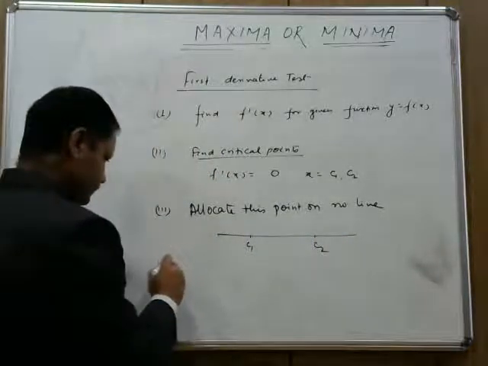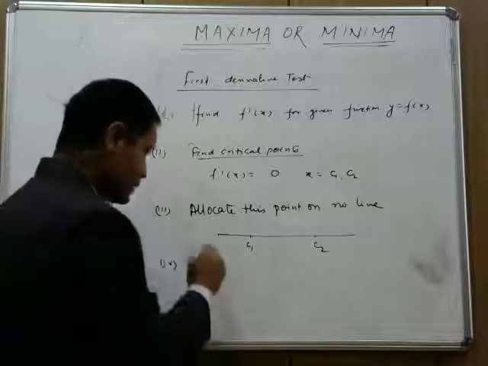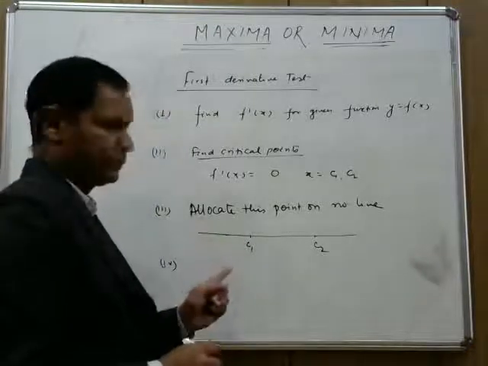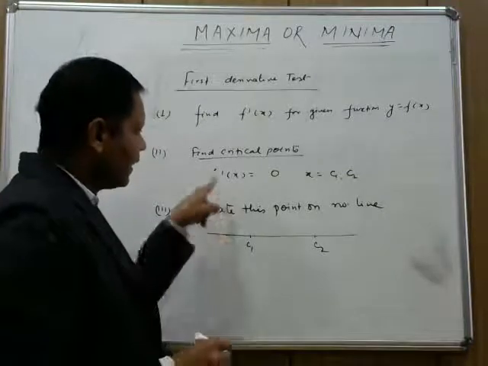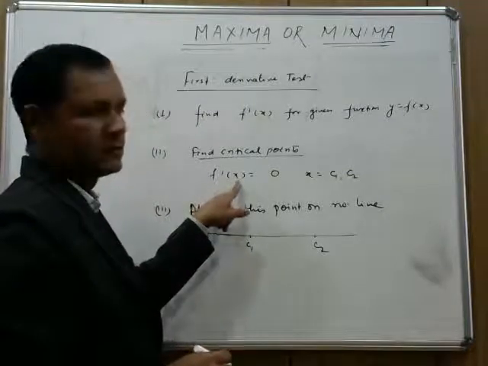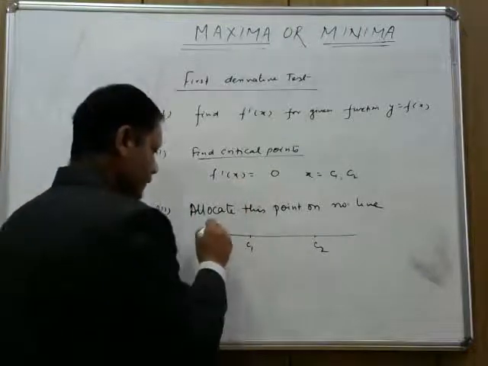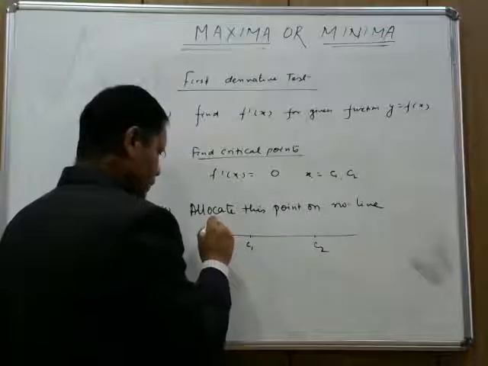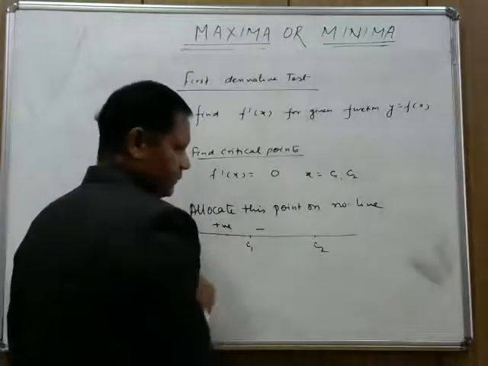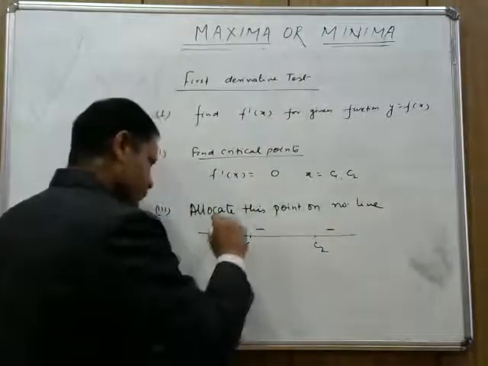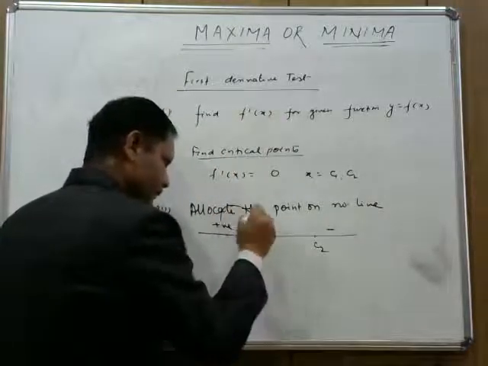Fourth, just before c1 put any value in f dash of x and check its value. If f dash of x changes from positive to negative, or from negative to positive, it is changing from positive to negative.